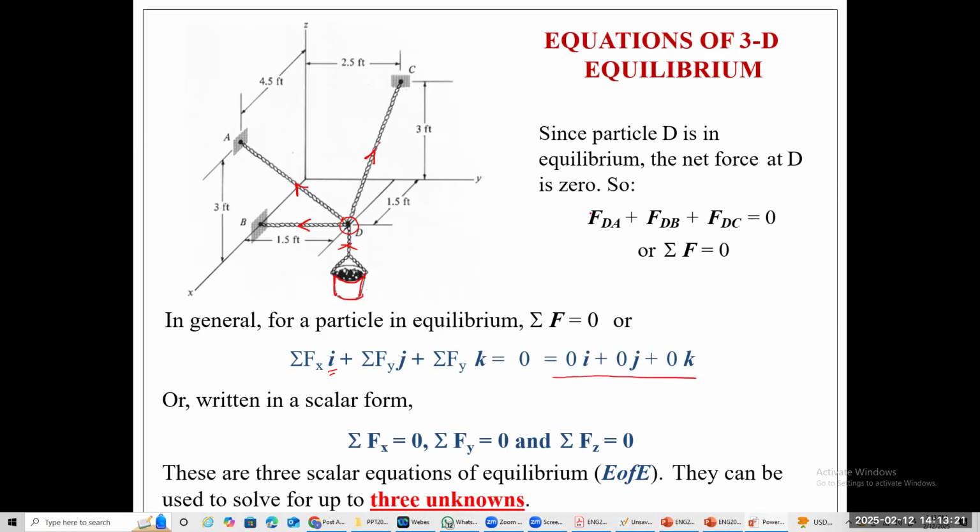This is the same thing we're writing back, but the only difference is that it is in Cartesian vector form for the net effect of the forces. These show you the Cartesian unit vectors, all equal to 0. And similarly, you could write for the scalar one. So one you have the vector one and one you have the scalar one.